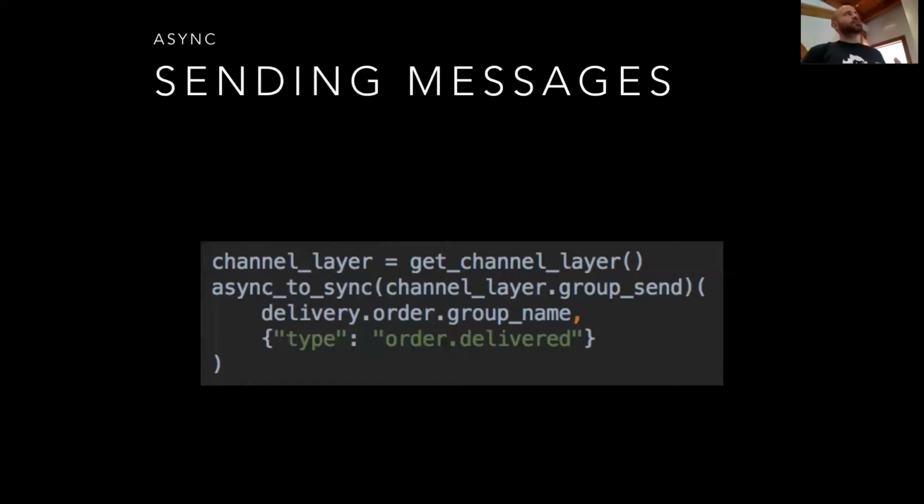So the other tricky part about this is the async_to_sync up there. Now that we're mixing synchronous code and asynchronous code, all of the WebSocket consumer things are running on an event loop in asyncio, and it's all asynchronous.